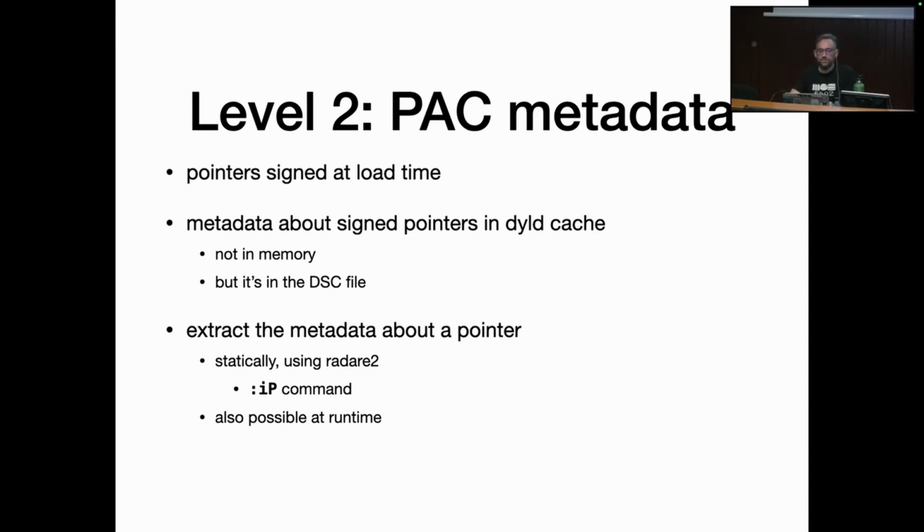It's also possible to do that dynamically at runtime. I'm not going to show it, but you can. This is still in the file of the dyld cache. So if at runtime you know where the base of the dyld cache is, you can parse the metadata of the headers and calculate which specific file of the dyld cache holds your pointer, where the offset is, and go read the file and get these bits out of it.